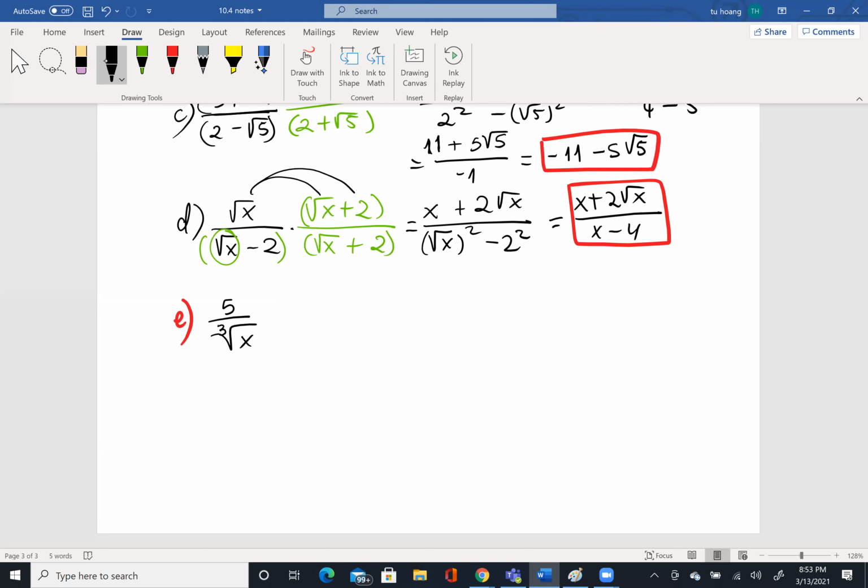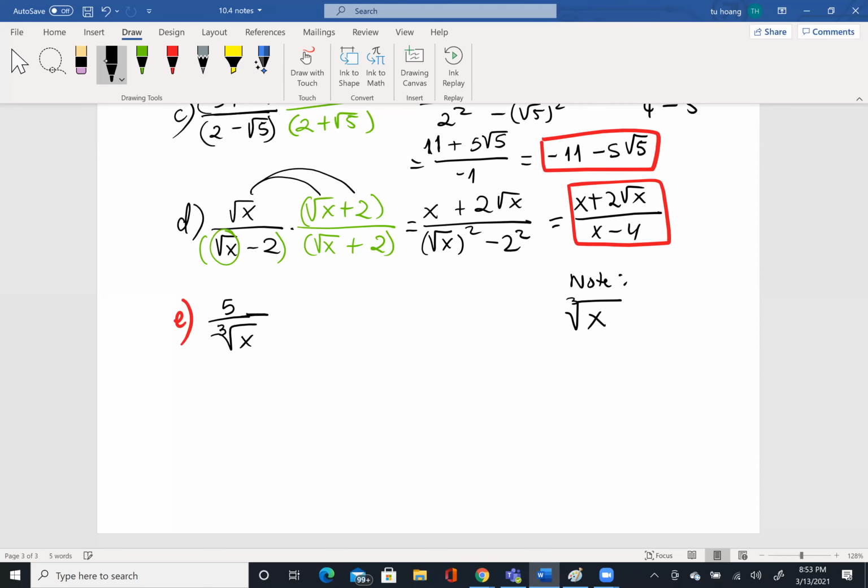You have to remember that in order to get rid of the cube root, you should have a perfect power of 3.